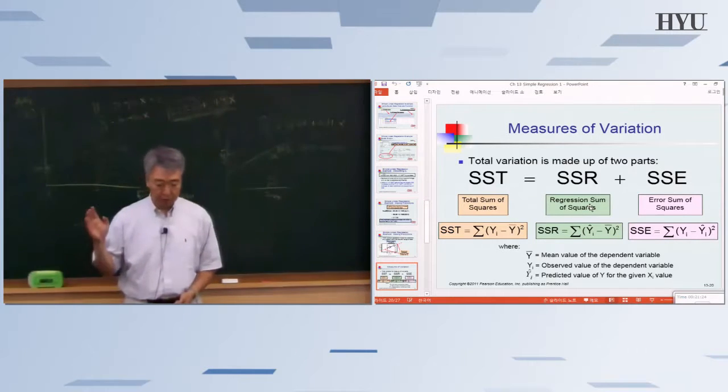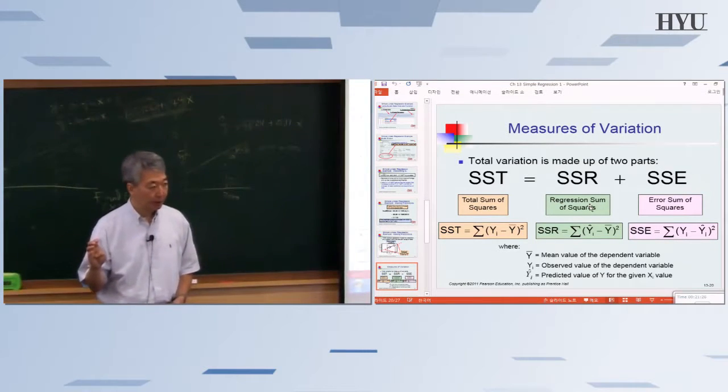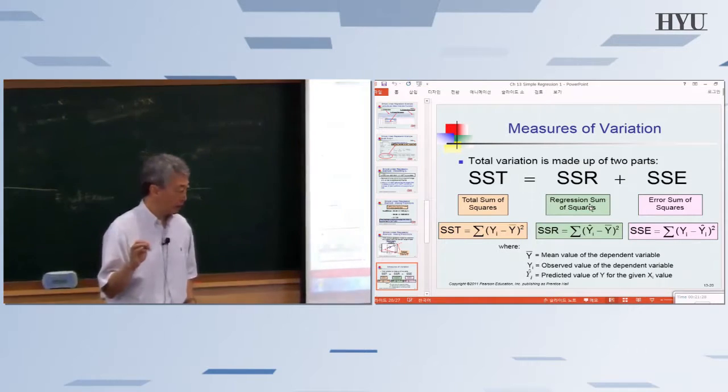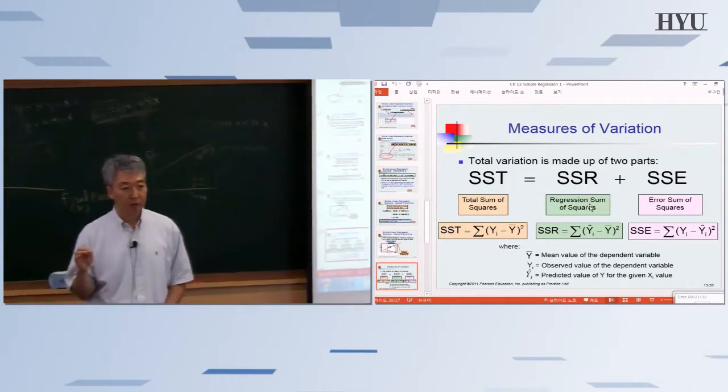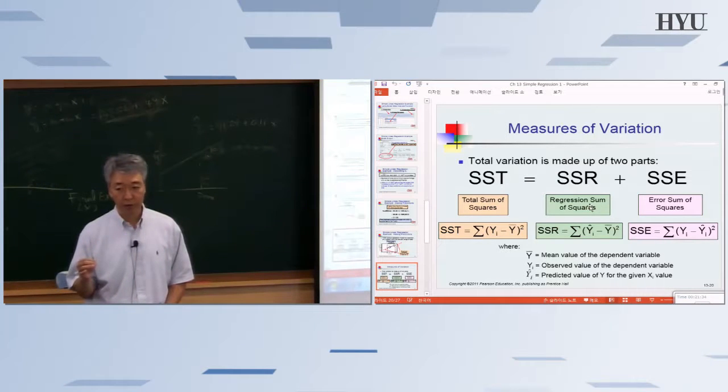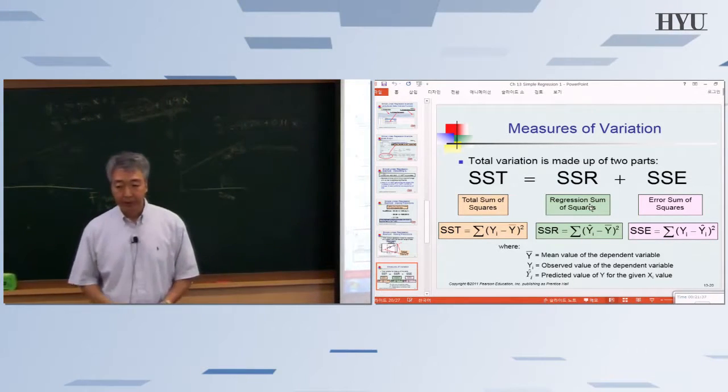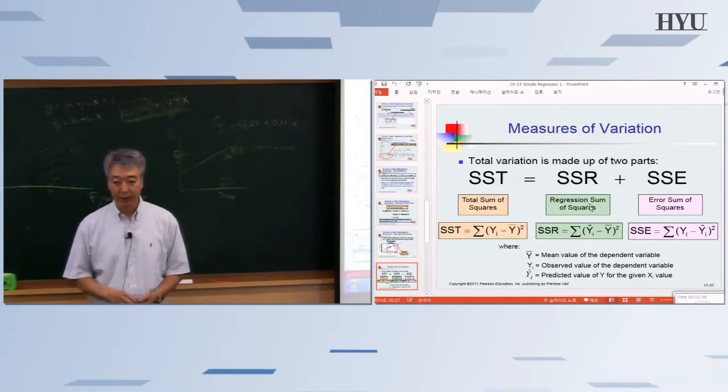So we know how to estimate, and now we know how to interpret, and we also know how to use the equation to make a prediction. The next step is testing.